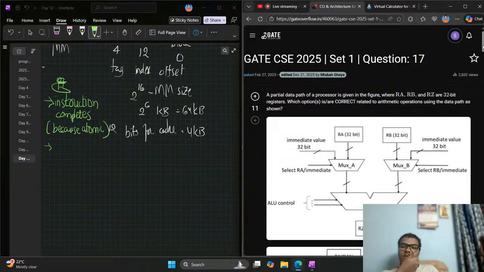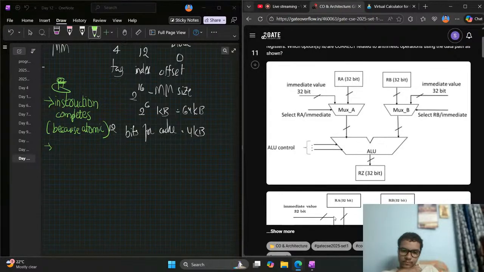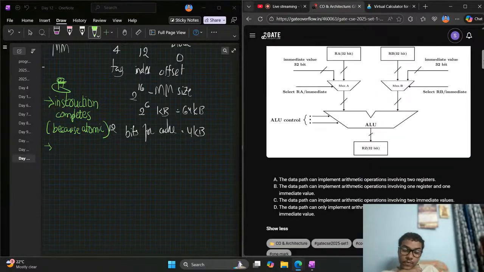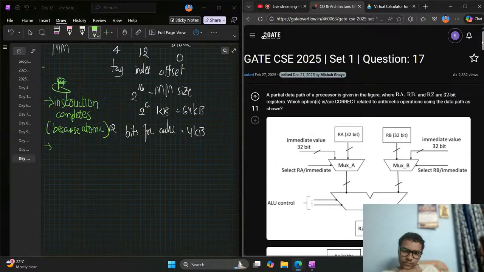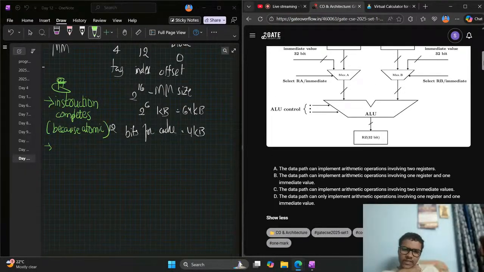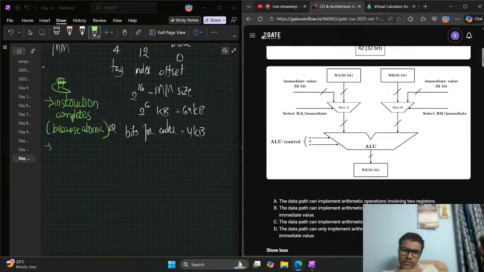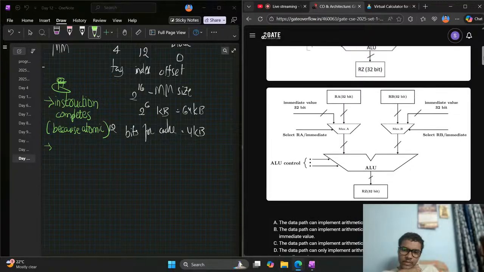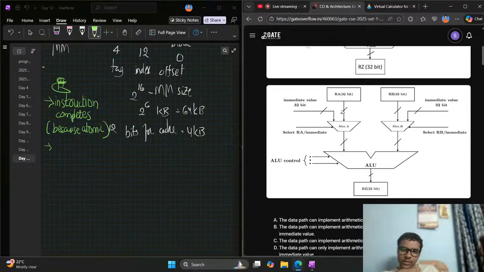Arithmetic operations. The data path can implement arithmetic operations involving two registers. So take this register, and here leave it.